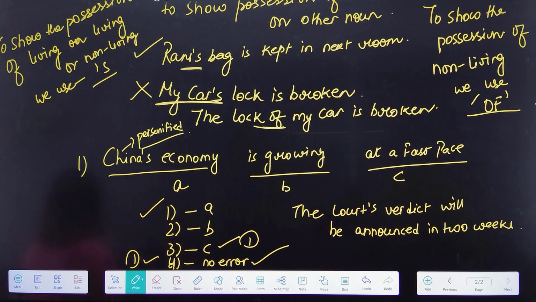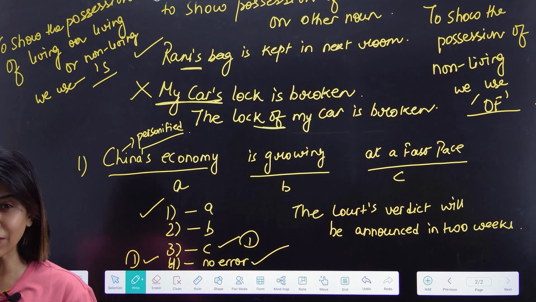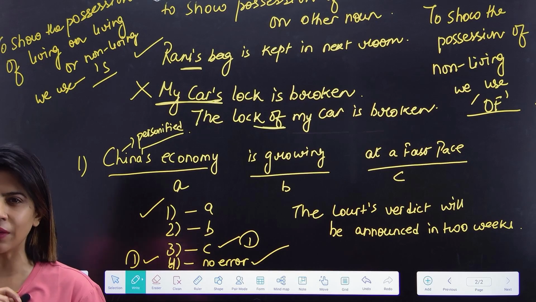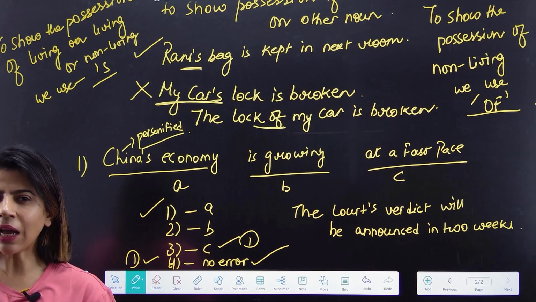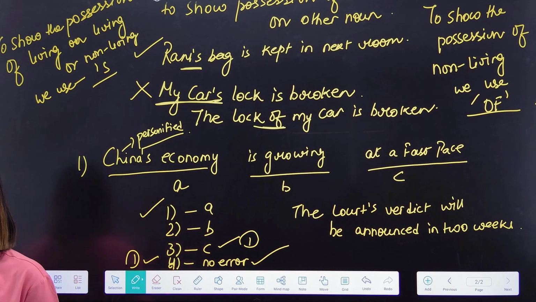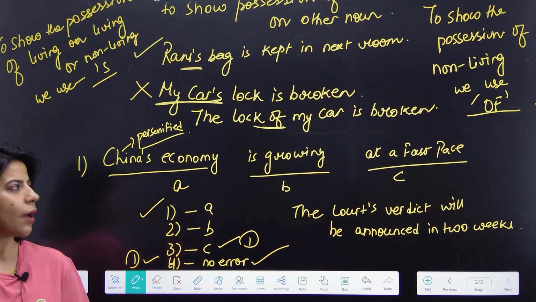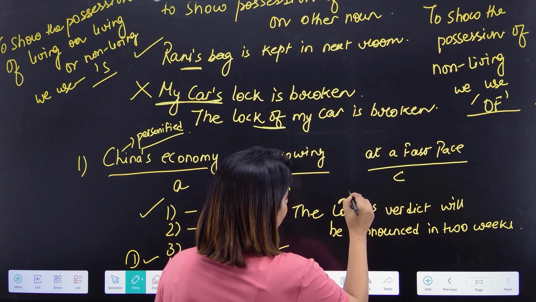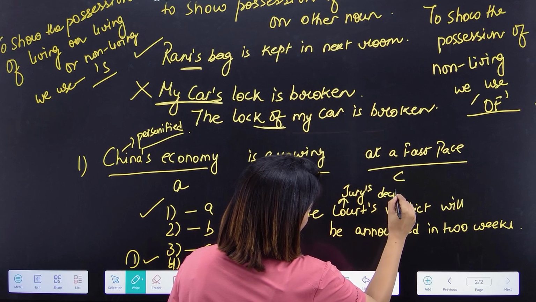नहीं. कोर्ट किस चीज से बनता है? दीवारों से. और कोर्ट में वर्डिक्ट कौन लेता है? डिसीजन कौन लेता है? जजेस. क्या दीवारें लेती हैं डिसीजन? जजेस. ज्यूरी लेती है डिसीजन. ज्यूरी कौन है? लिविंग है. अगर वो लिविंग है तो यहाँ पर कोर्ट क्या हो गया? पर्सोनिफाई हो गया. तो कोर्ट्स डिसीजन क्या रिफ्लेक्ट कर रहा है? ज्यूरीज डिसीजन. पर्सोनिफाई कैसे हुआ? क्योंकि यहाँ पर कोर्ट का डिसीजन किसका डिसीजन रिफ्लेक्ट कर रहा है? ज्यूरीज डिसीजन.